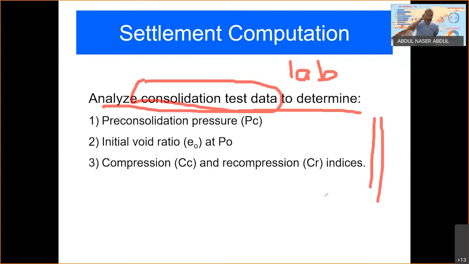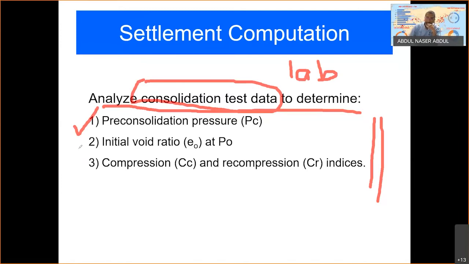The first information that you need to calculate is what we call the pre-consolidation pressure. This pre-consolidation pressure, PC, you need to know from the lab test.